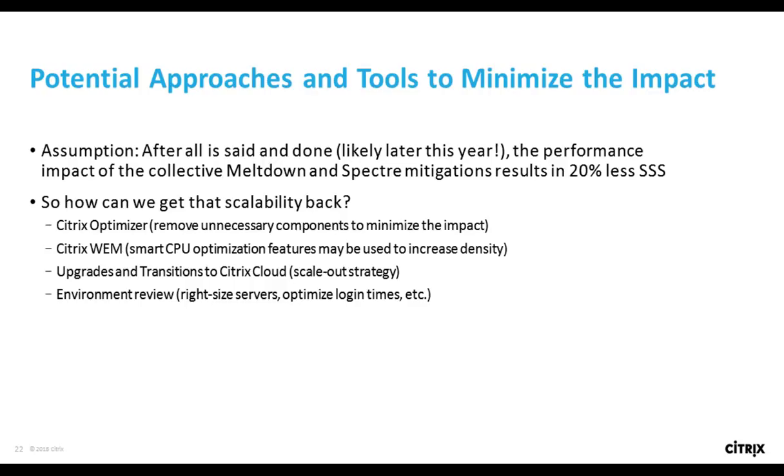Finally, it might be a good idea to just review your environment. Make sure to understand, first of all, what's going to be the impact of Meltdown and Spectre. That's number one. And then realize, do you have enough capacity to handle this additional load? For example, can you optimize the logon times?